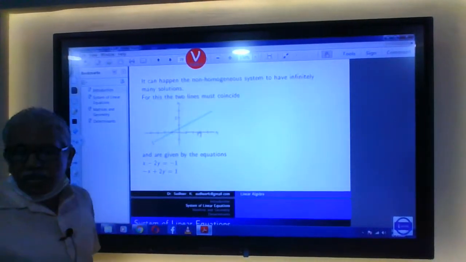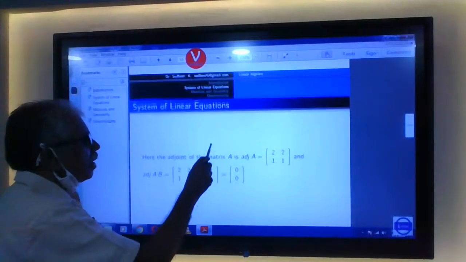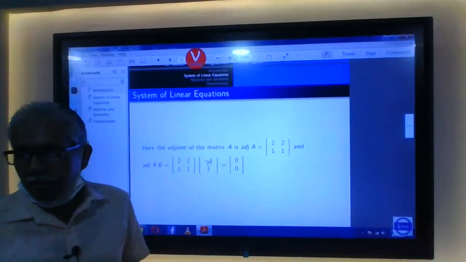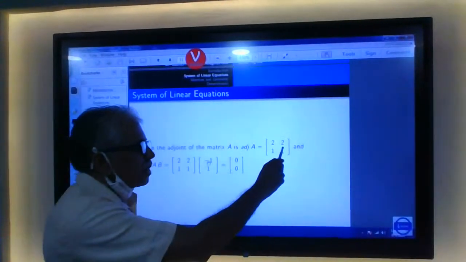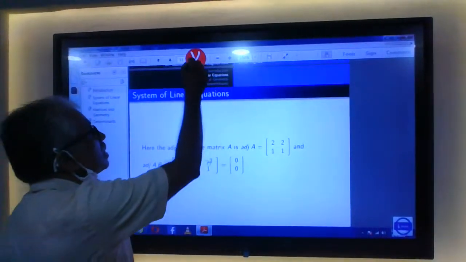And so what additional property do you have? You find out the adjoint of the matrix. The adjoint of the matrix is 2, 2, 1, 1. You know what the adjoint of a 2 by 2 matrix is?